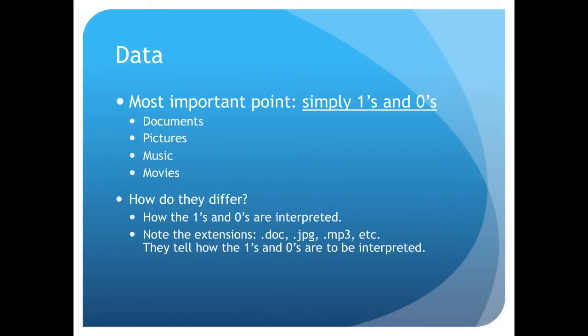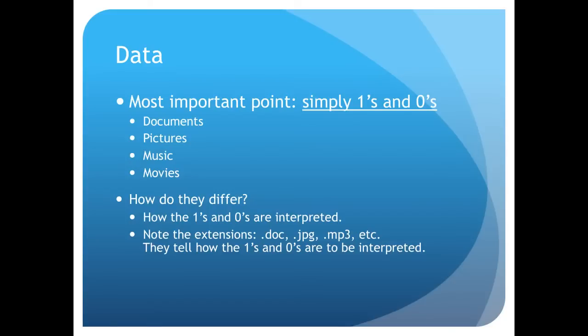And that's why you see files that have different extensions, a doc file for a Word document, JPEGs, MP3s, and so on. That tells the computer, hey, these particular ones and zeros, I want you to interpret them as music or a picture or whatever. That again becomes important to you guys if you're looking for forensic evidence.